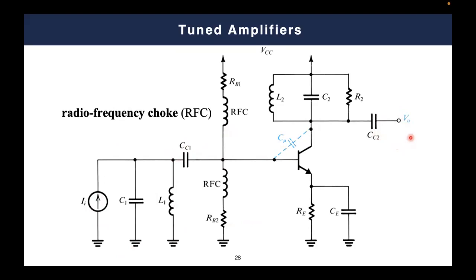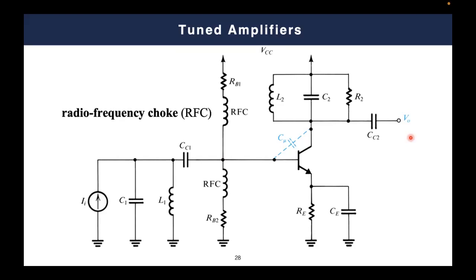You need to get rid of any DC component in your signal. So in this case, you use a capacitor, because in AC operation this capacitor will get rid of any DC effect.